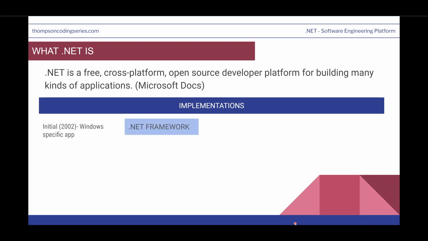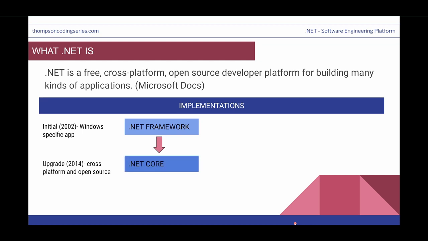So .NET has been there for a while. It started in 2002 as .NET Framework, and it was Windows specific, meaning you could only use .NET to build Windows applications. So the first version of .NET was called .NET Framework, and it started in 2002. Along the way, .NET came up with another implementation, which is known as .NET Core. .NET Core came into existence in 2014 as a cross-platform and open source implementation of .NET.